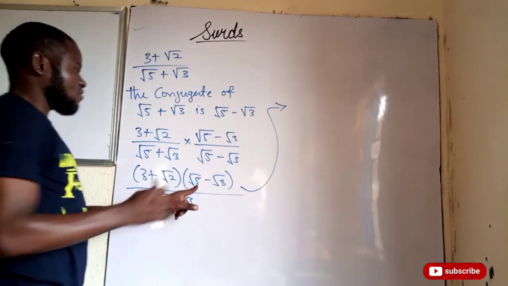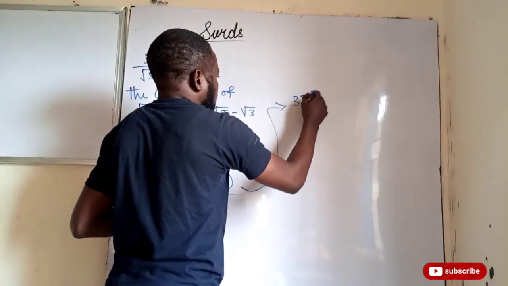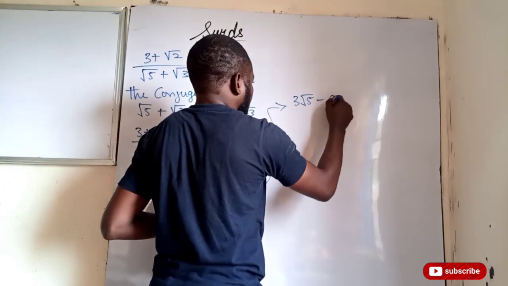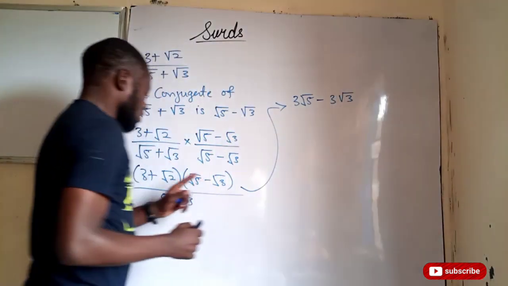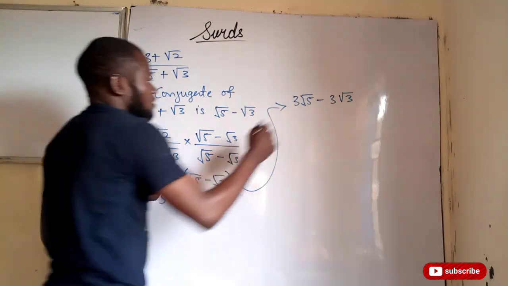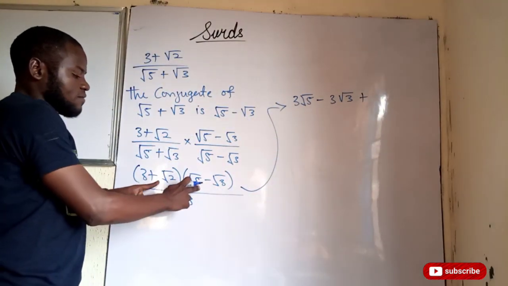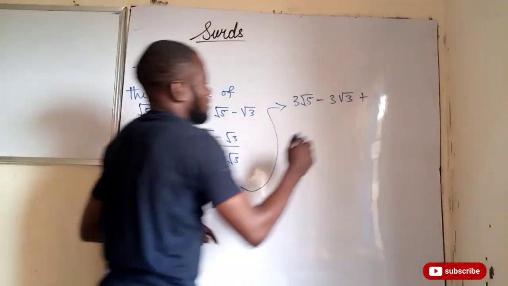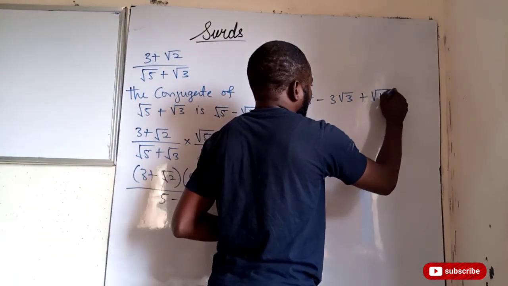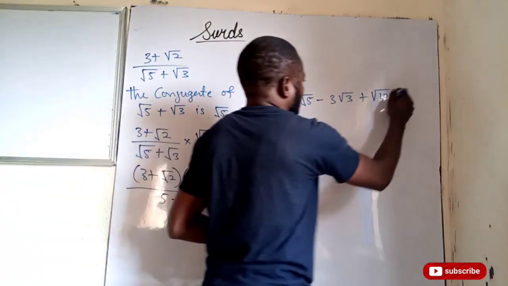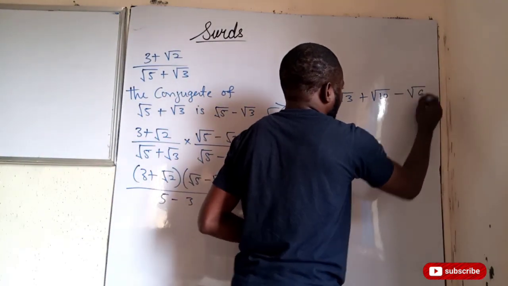So this times this will give us 3 roots 5, and this times this will give us minus 3 roots 3. Okay, we are done with this. So this now will be plus the square root of 2 times the square root of 5 is going to give us root 10. And this times this will give us what? Negative root 6.